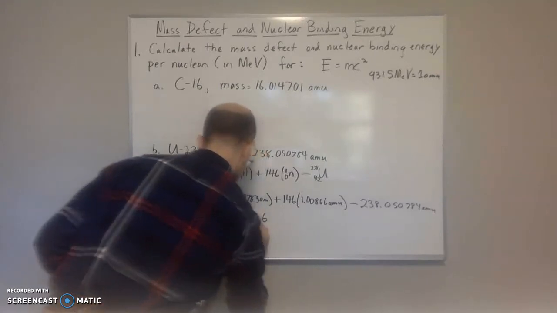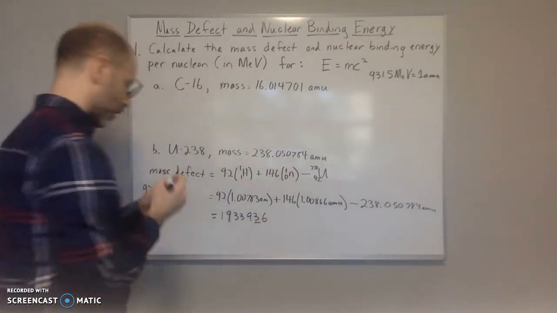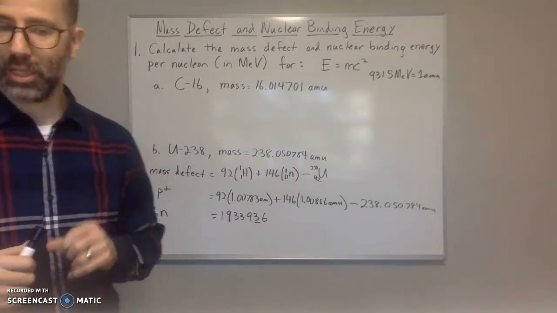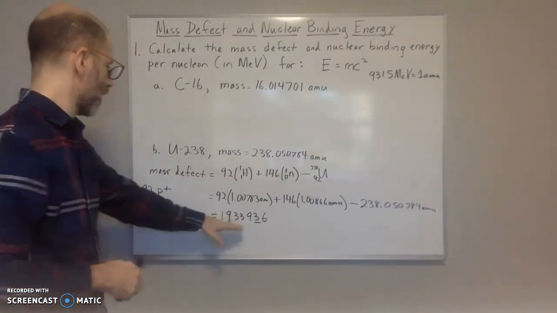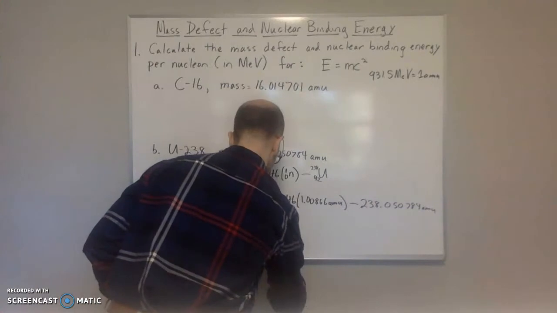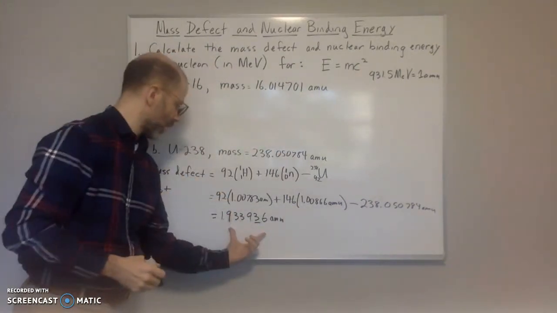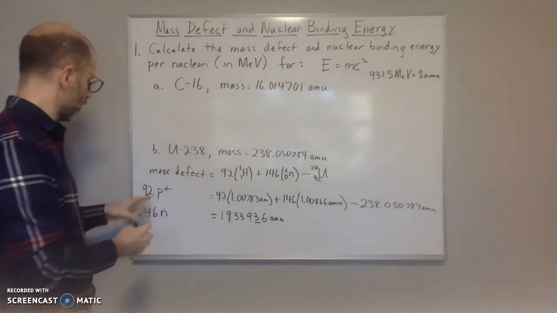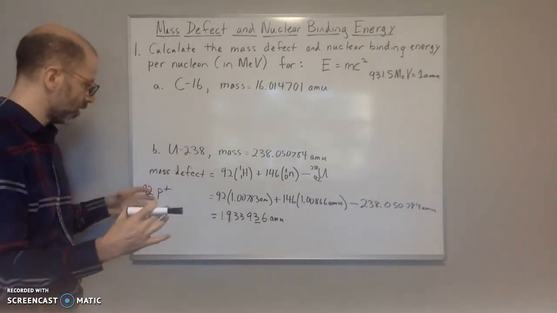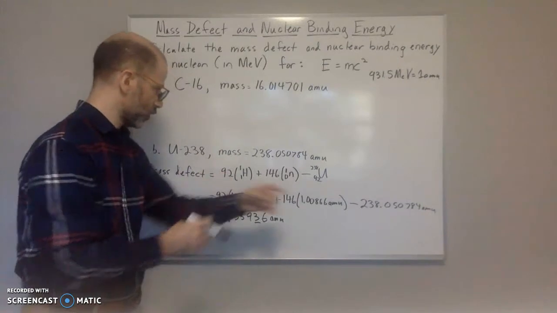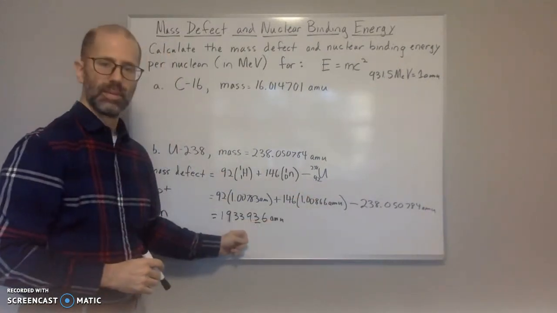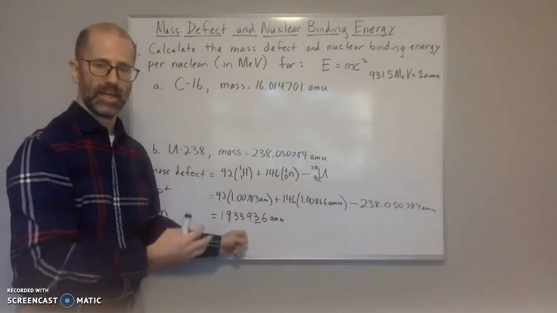Again, we're only allowed up to there for our decimal places. All right, so this is in AMUs, and this is the mass defect. This is the difference in the mass of the total protons and neutrons separated versus when they're put together in the nucleus. So this is the amount of mass that was converted into binding energy.